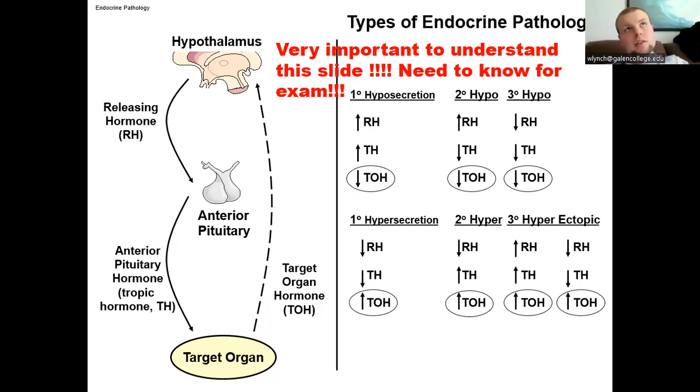An ectopic is going to be something outside of the initial tract. So something outside of the hypothalamus, pituitary, and thyroid axis that is causing secretion of thyroid hormone to a larger degree.